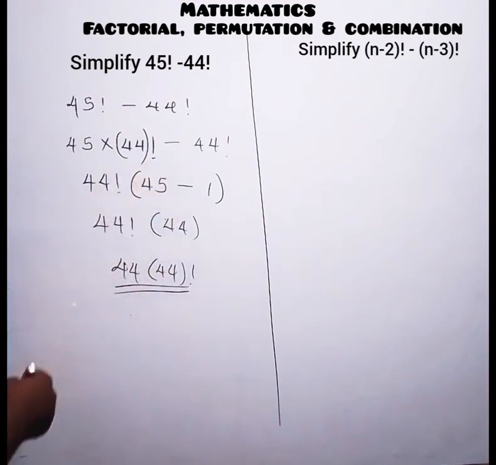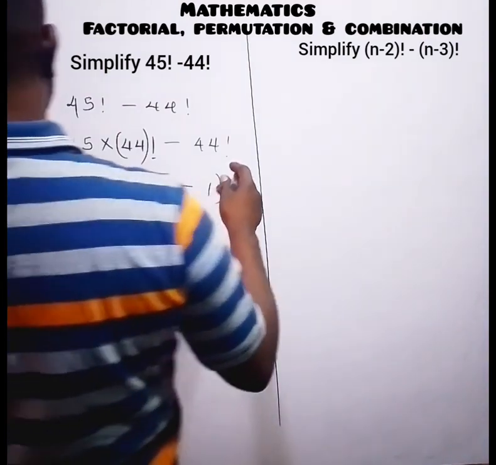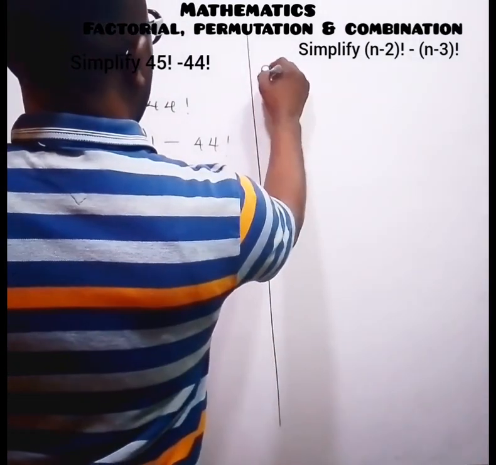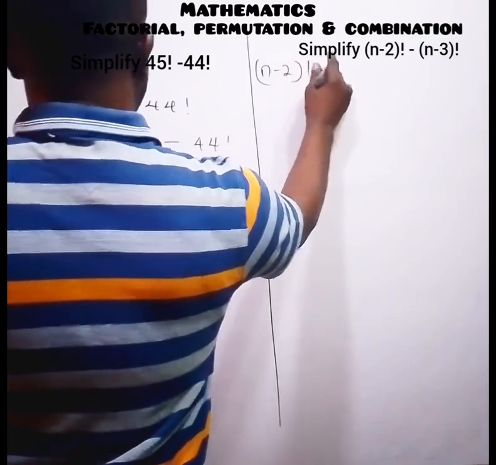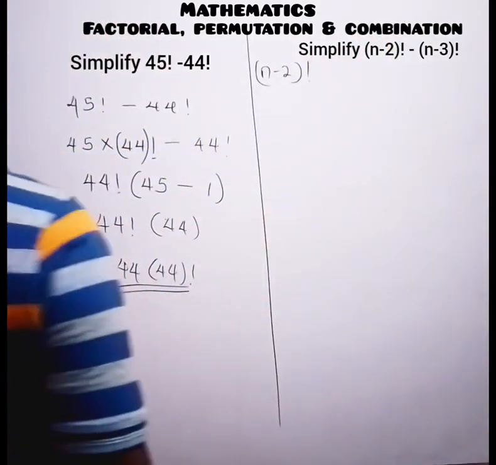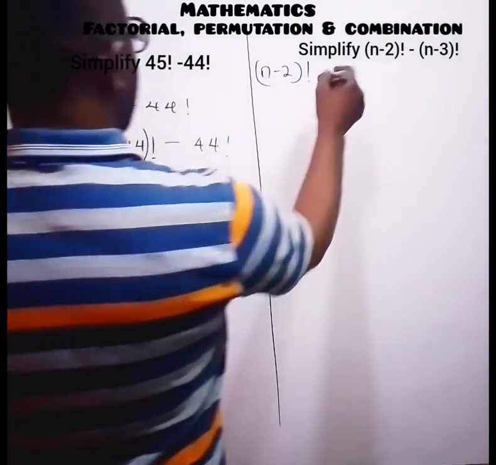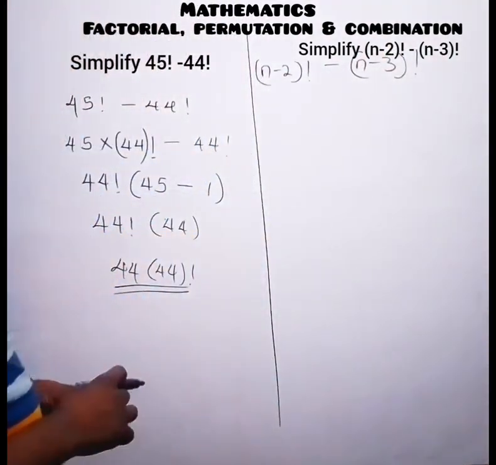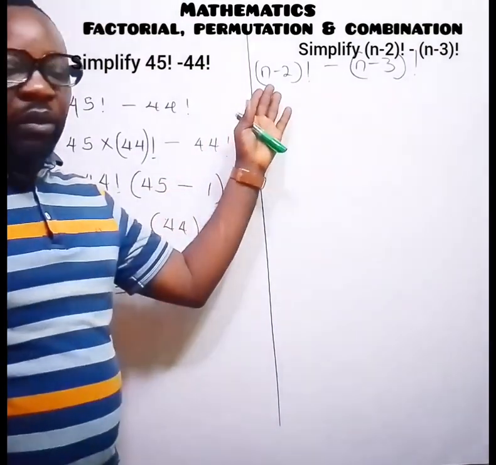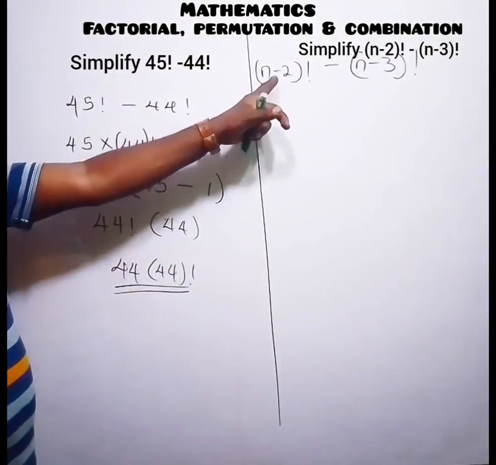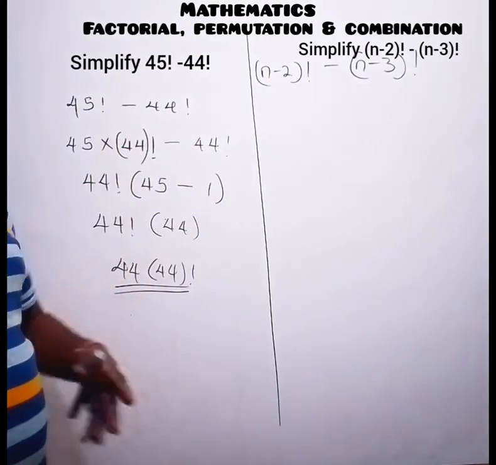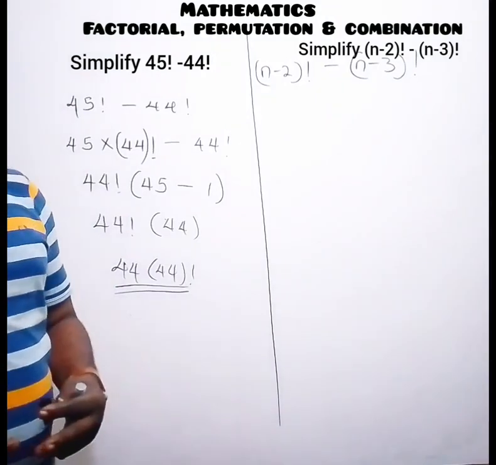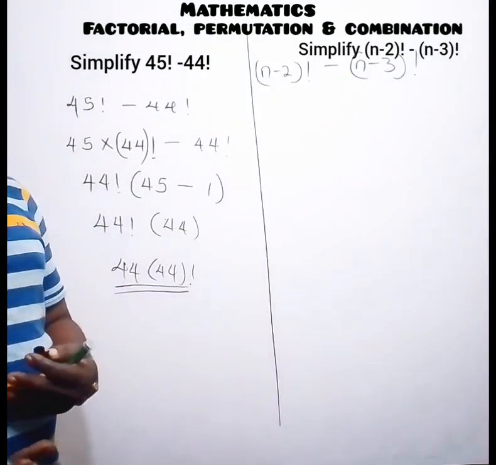The next question says that we should find the value of n minus 2 factorial minus n minus 3 factorial. Now, if you look at it very well, you will see that this is n minus 2. And you know that for us to have a factorial expression, the next value you subtract 1 from the previous value.